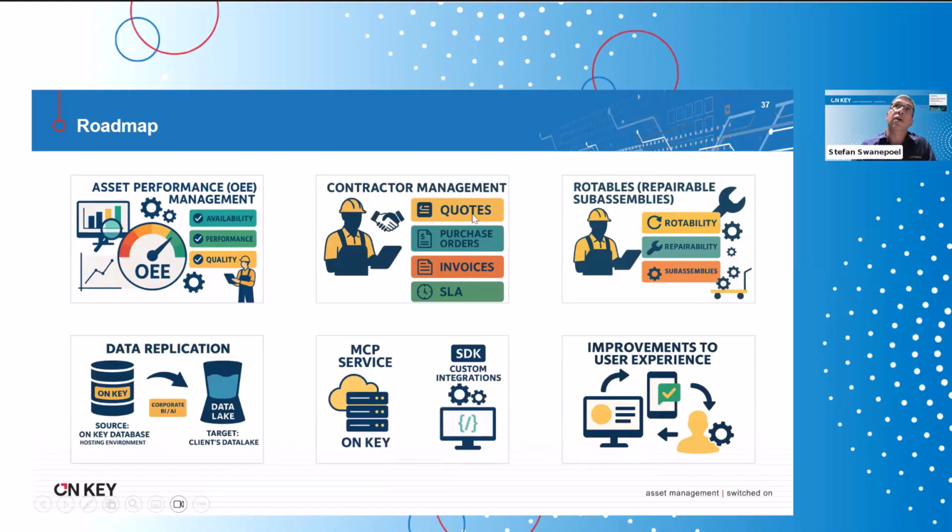We are at work analyzing and refining the details for a contract management capability within OnKey. We've been dealing with that for a while through use of work orders and tasks, but this will be a more efficient and fine-tuned method of really dealing with, especially, the processes around quoting and invoicing, etc., for contractors.